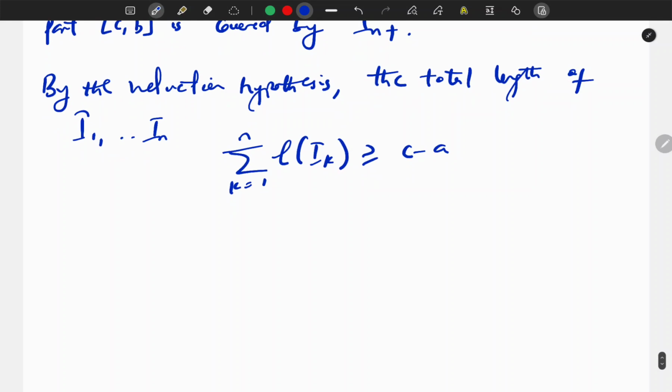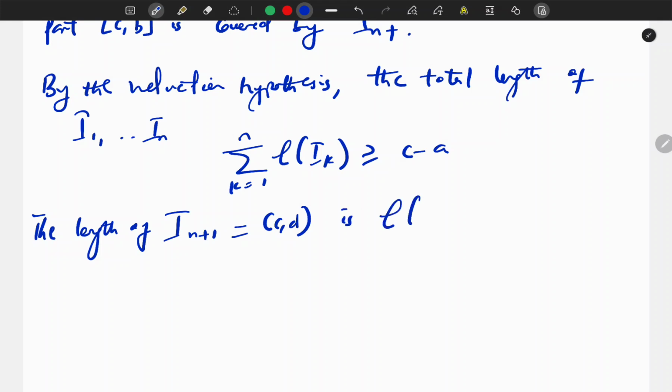So now we want to add the length of I(n+1), that is equal to (c, d), so the length of I(n+1) equals d minus c.